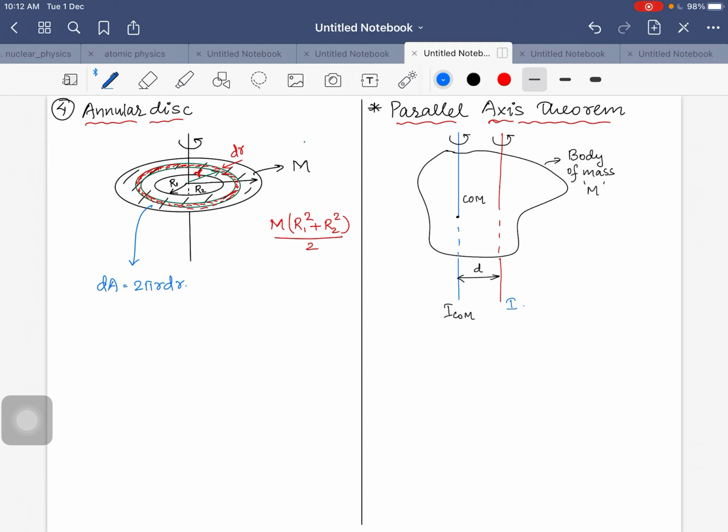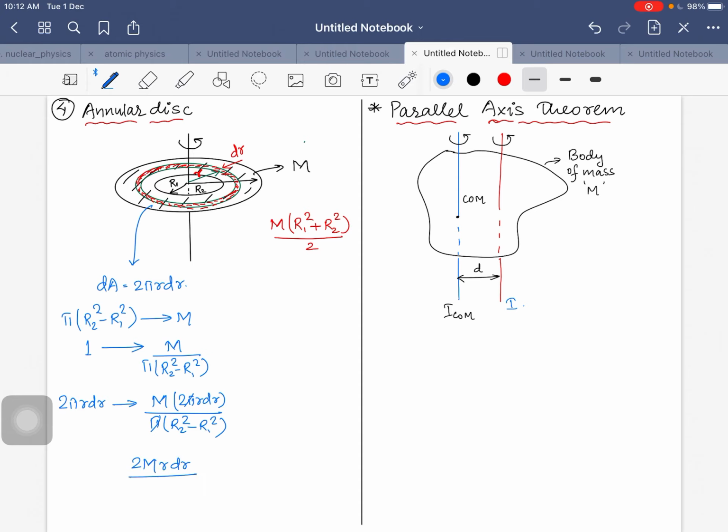So we can write the area as pi of R2 square minus R1 square, and the mass is m. So the mass per unit area will be m divided by pi of R2 square minus R1 square. So in 2 pi r dr, what will be the mass? We have to multiply m into 2 pi r dr divided by pi into R2 square minus R1 square. Pi cancels, so 2m r dr divided by R2 square minus R1 square.